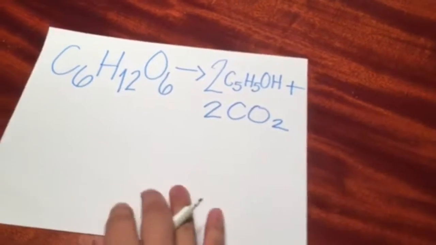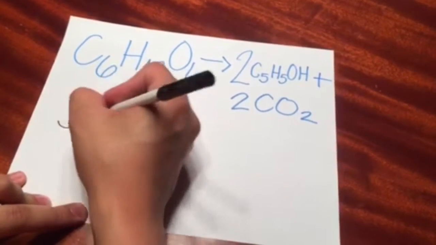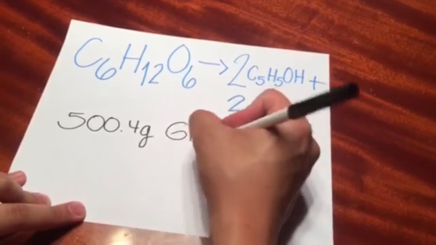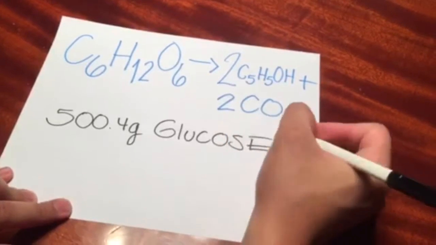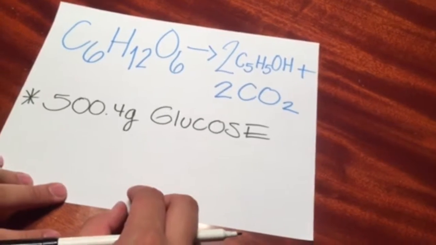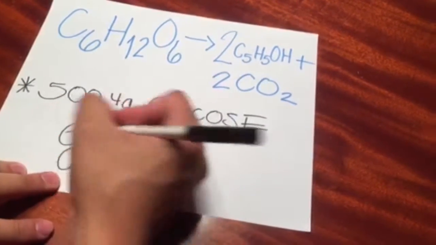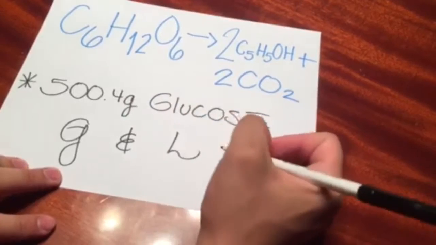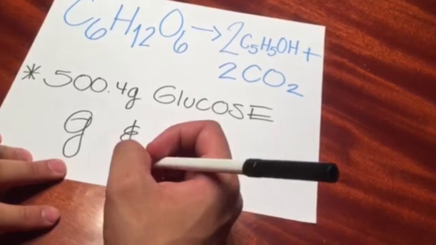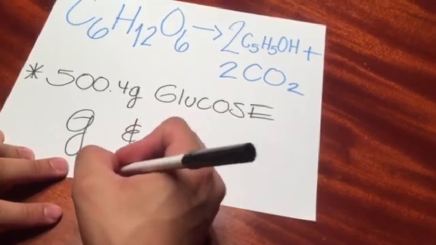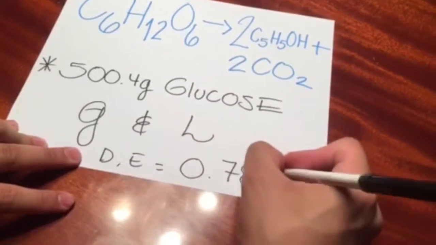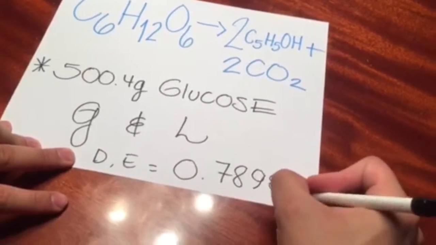In the problem they are telling us that we start with 500.0 grams of glucose. And they ask us for a quantity of ethanol in both grams and liters. The density of ethanol is already given to us, and that would be 0.789 grams per milliliter.